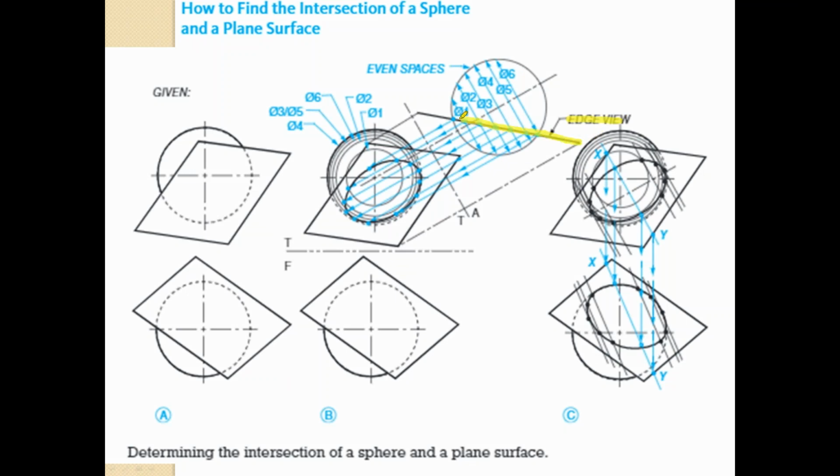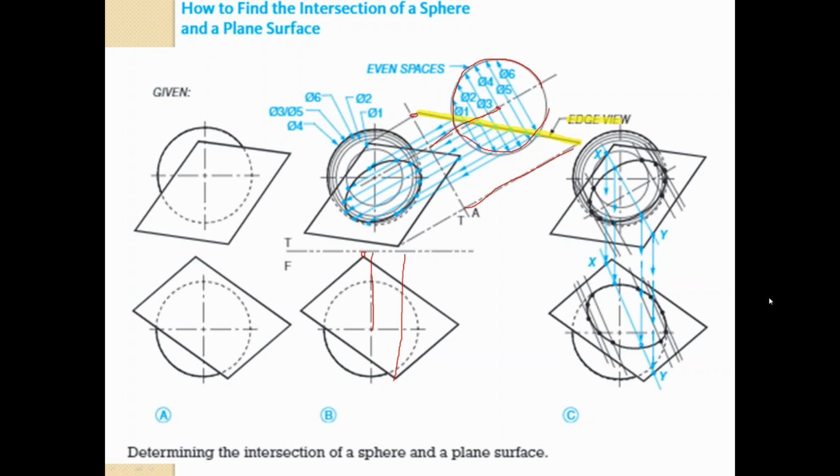You're going to have to create the H view by getting this distance equal to this distance, and this distance here equal to that distance here to establish this H view. And then this intersection point, this distance here is equal to this distance here to get the center line of the circle. And then you're going to use your protractor, your compass to draw a circle.